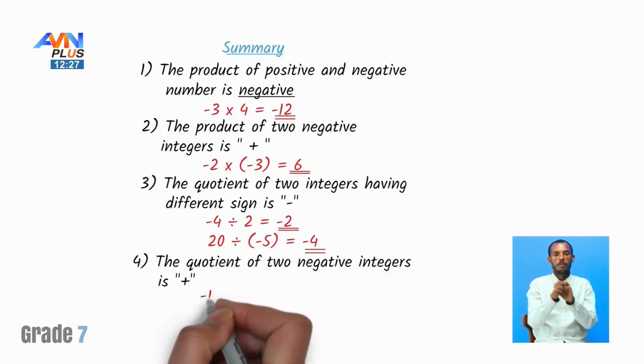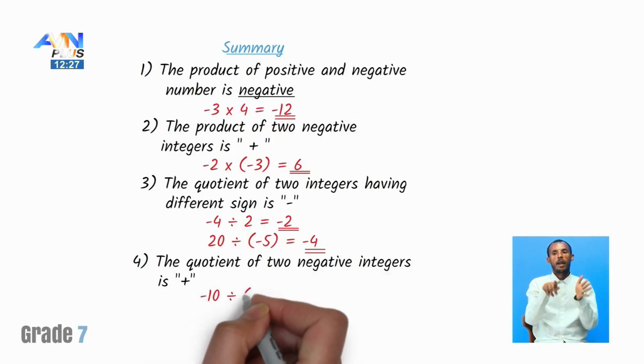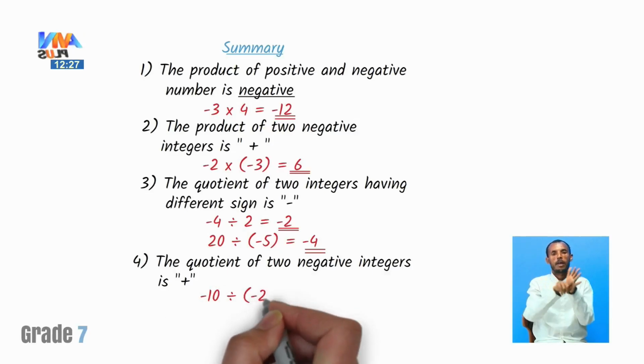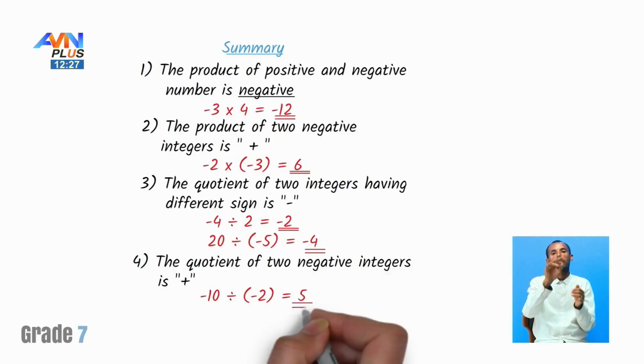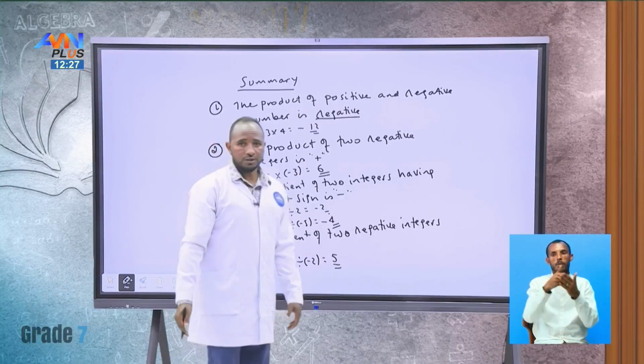For example, negative 10 divided by negative 2, both are negative, the quotient is positive. 10 divided by 2 gives us 5. The answer will be positive 5. This is all about today's lesson.